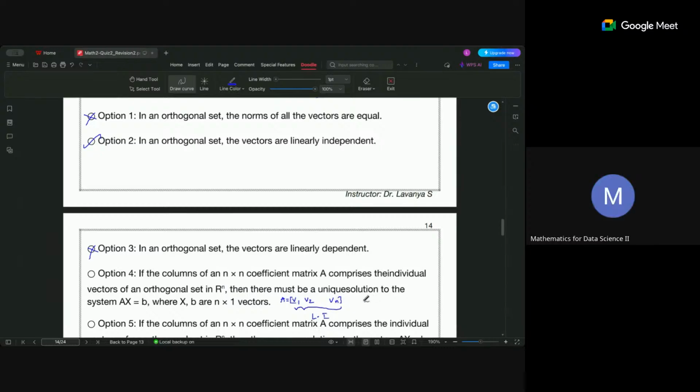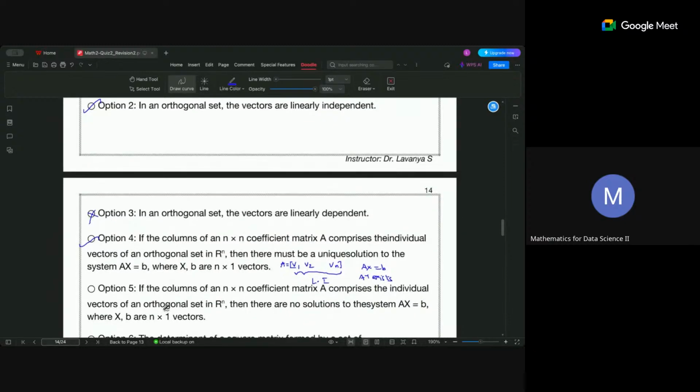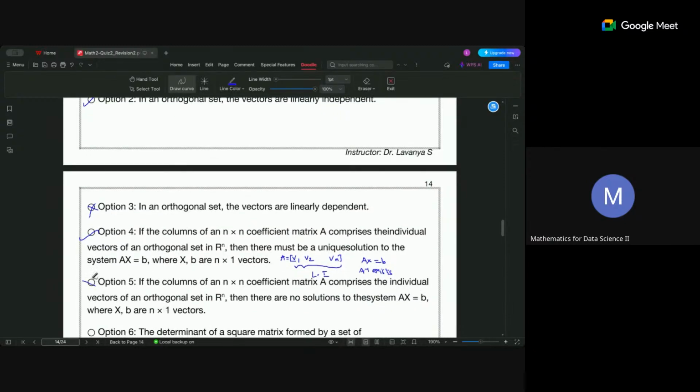So the matrix is invertible, A inverse exists. So it means Ax = b has a unique solution. Option 4 is opposite of this, so it is incorrect.